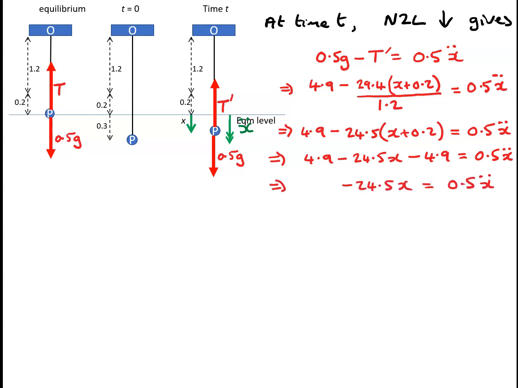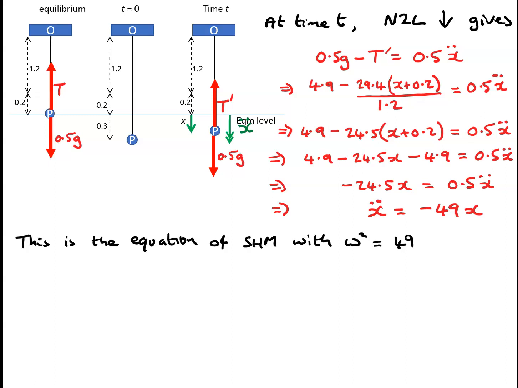In other words, minus 24.5x equals 0.5 x double dot, or x double dot is minus 49x. At this stage, we have the standard equation of simple harmonic motion, x double dot equals minus omega squared x, with omega squared equals 49, which means that omega must be equal to 7.